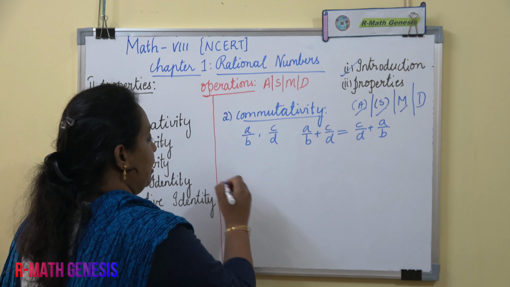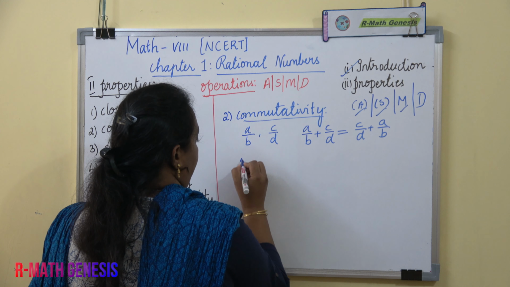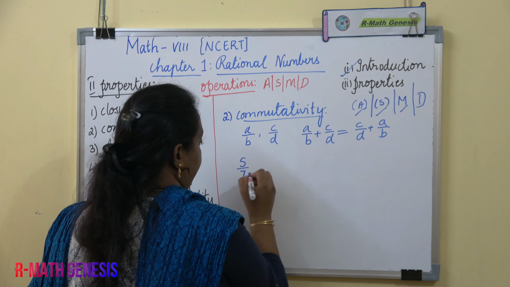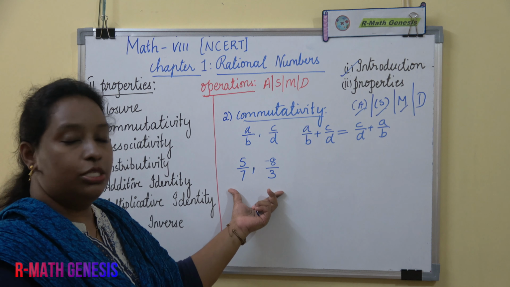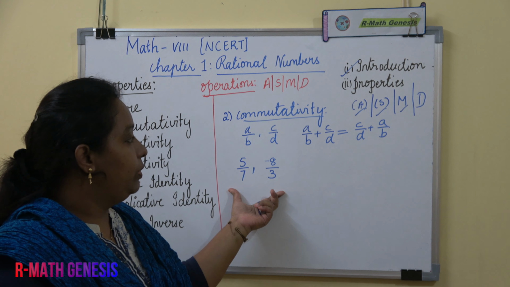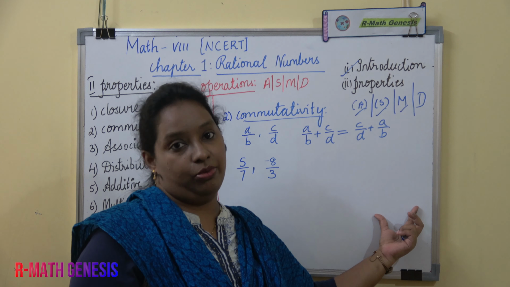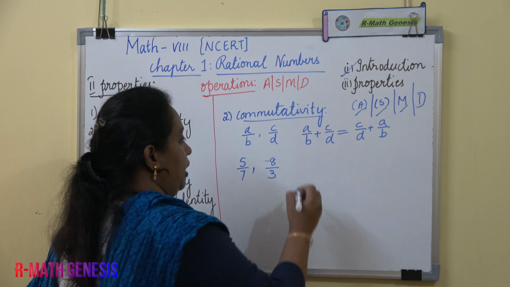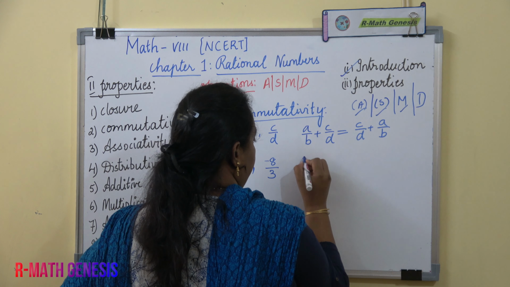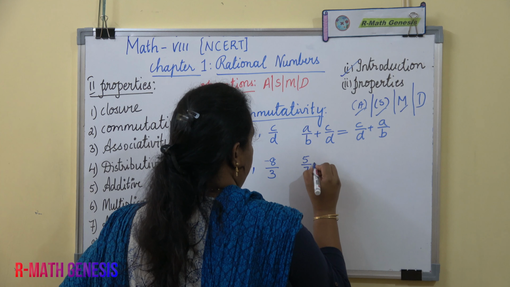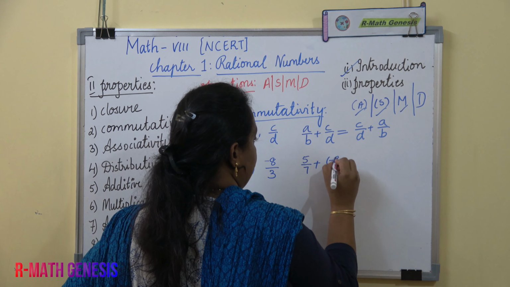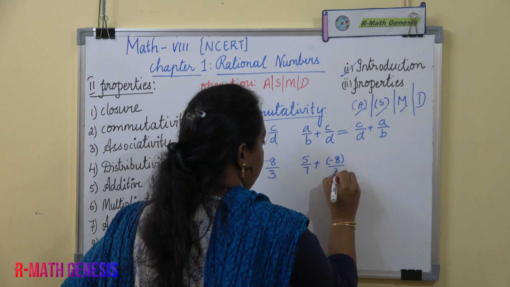Now, for example, we take 5 by 7 and minus 8 by 3. These two are rational numbers. We'll check whether adding in this way and in that way gives the same result. First, 5 by 7 plus minus 8 by 3.